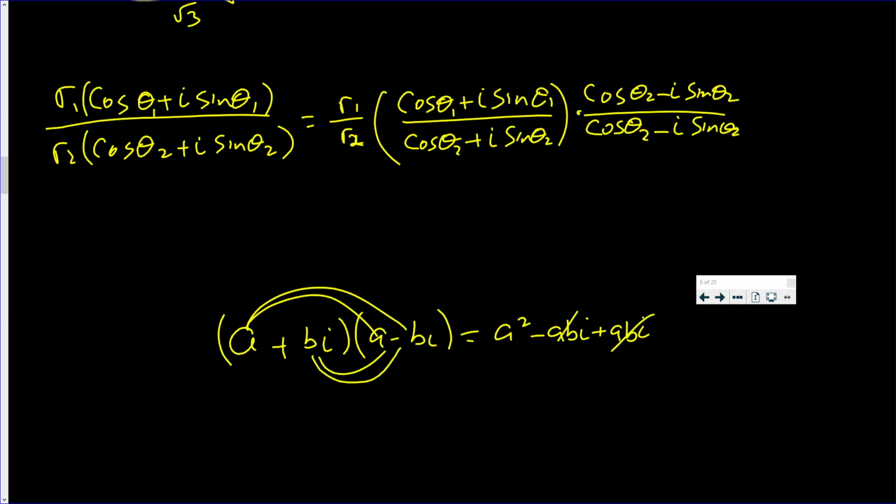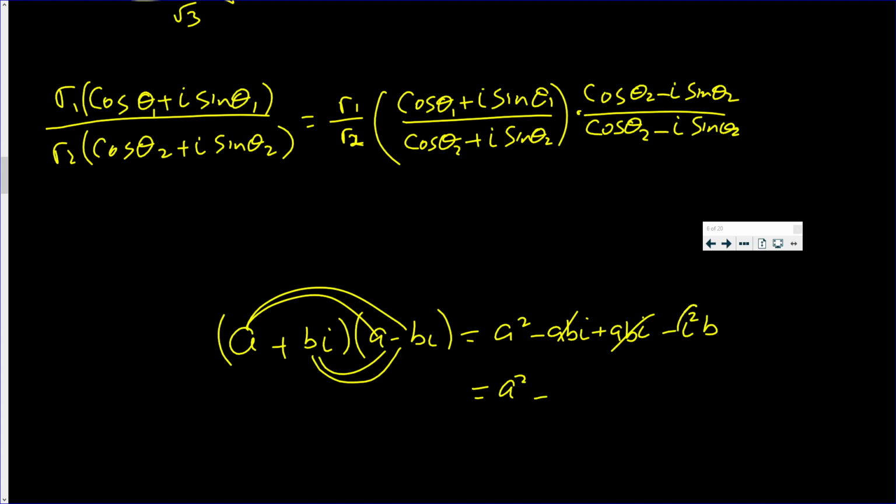And positive times negative is minus i squared b squared. Now i squared is minus 1, so you get a squared plus b squared. This is a, that's b, and we're adding ib. This is a minus i times b. That bottom is just going to be this squared plus that squared.